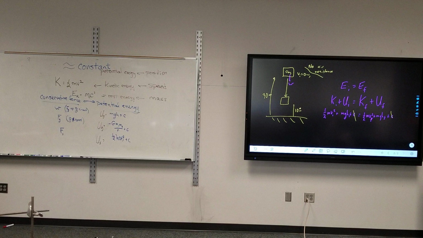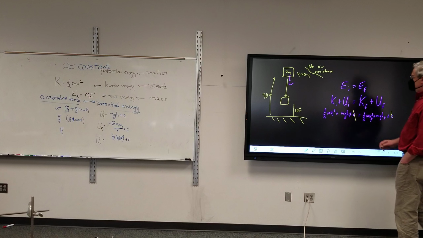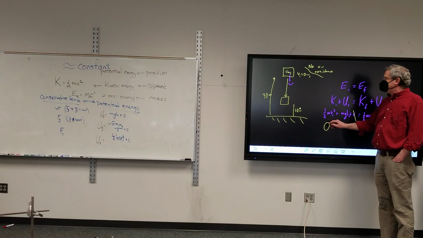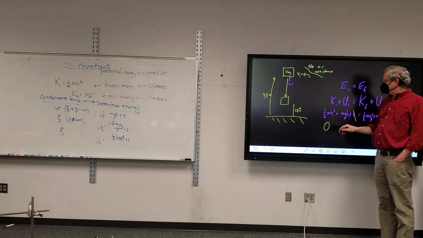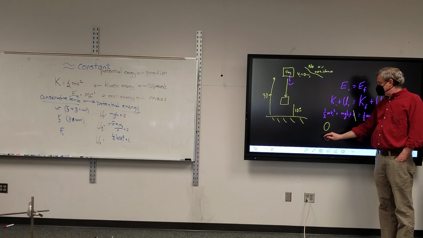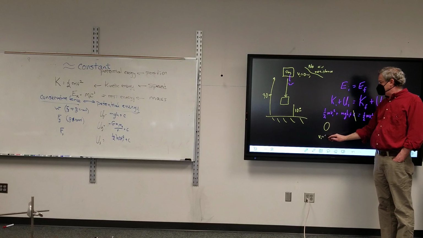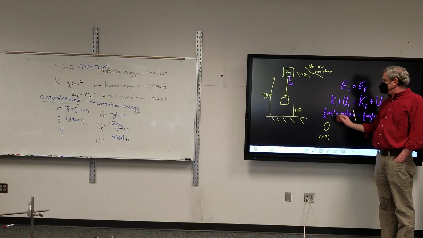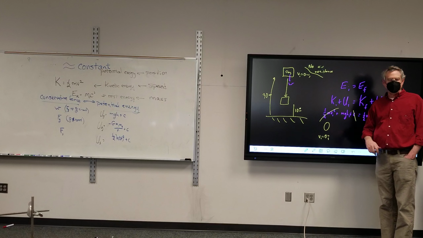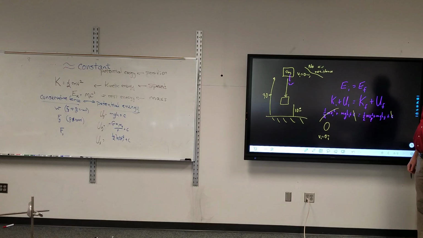Actually, before we get rid of any other letters, are any of these equal to 0? Your initial kinetic energy is equal to 0 because it starts out not moving. That v squared is equal to 0, so that whole thing becomes 0.